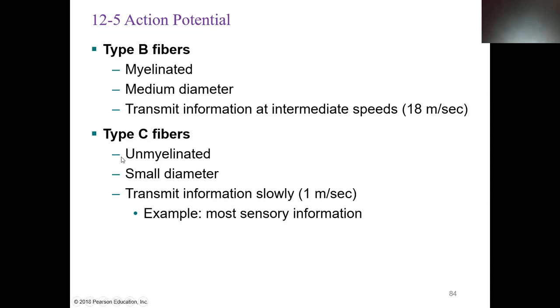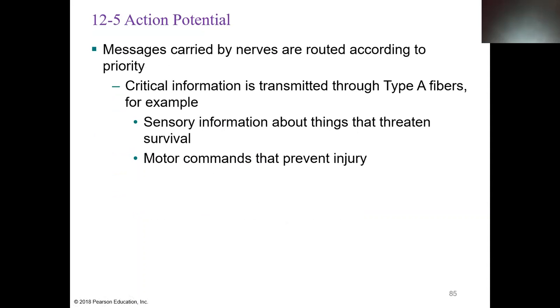And then type C is unmyelinated and small, so it's 1 meter per second. And that's going to be mostly sensory information. All of these messages are carried according to priority. The body will always do things in priority. So whatever is most important is going to be transmitted through that type A.